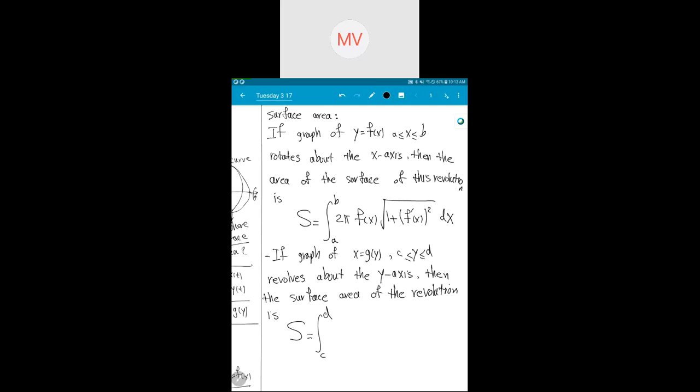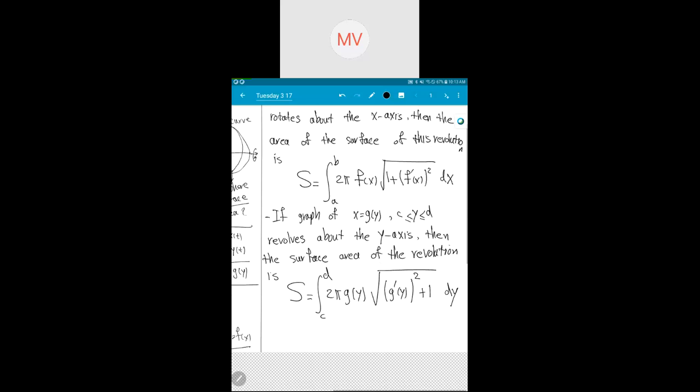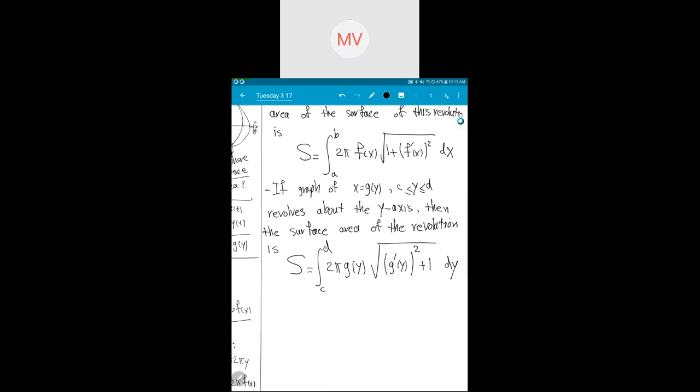so it's a very symmetrical, similar formula. So it's 2 pi. This time you're going to have the x as the radius, but x is g of y, so you have 2 pi g of y, and then here you have the square root of g prime of y squared plus 1, and of course you're integrating with respect to y, right? So these are the two formulas we're going to be using.